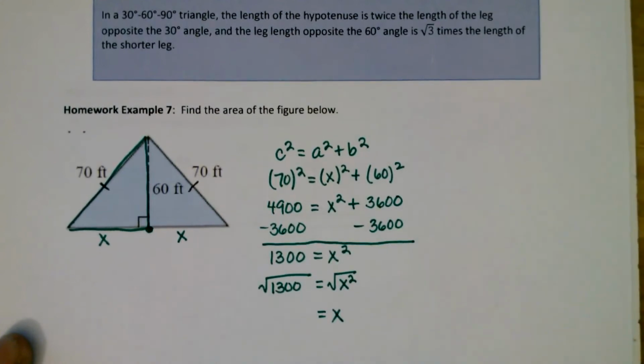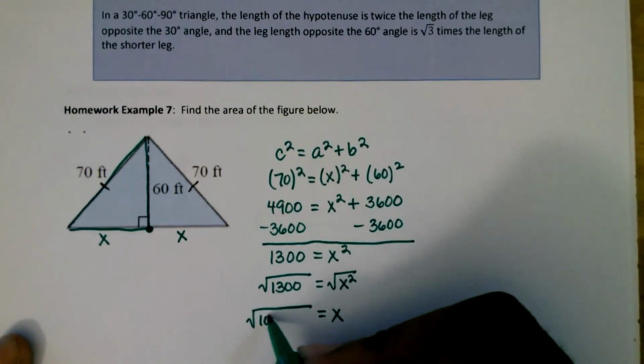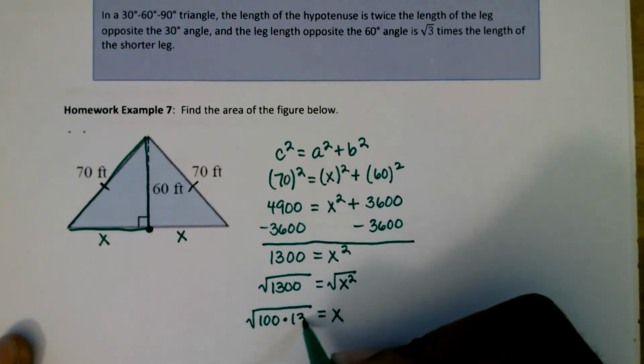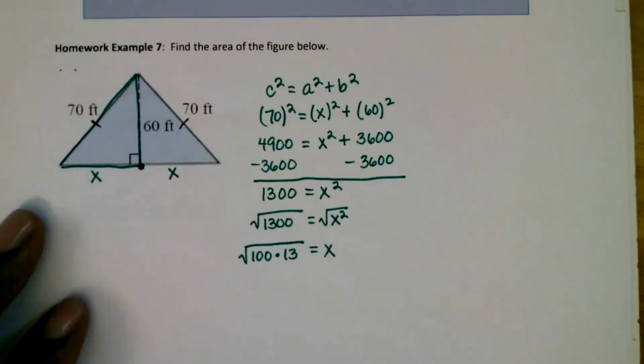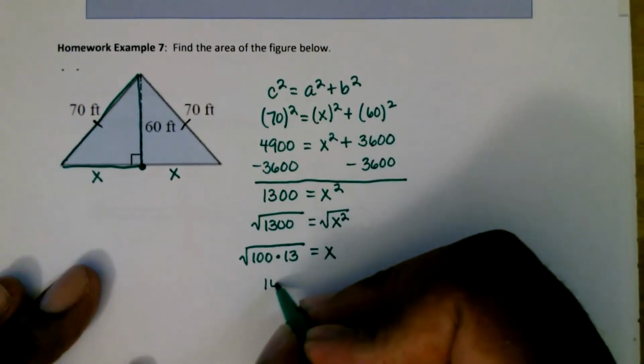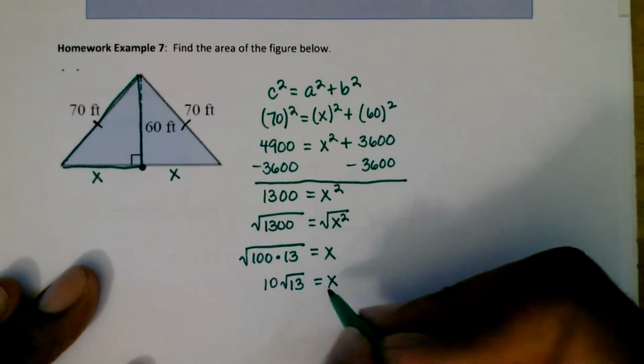This will be x. Now the largest perfect square that goes into 1,300, I know, will have to be 100. So this is 100 times 13. And 100 is a perfect square, so the square root of 100 is 10, multiplied by the square root of 13, and that's going to be x.